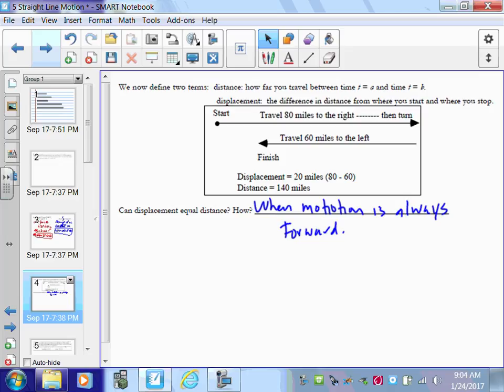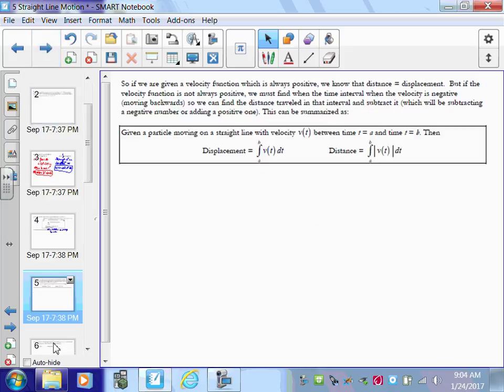So in example 3, a particle is moving along a line. There's the formula. For displacement, just take the integral. For distance, you take the absolute value. The direction changes once it stops.